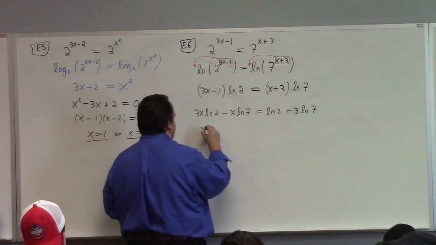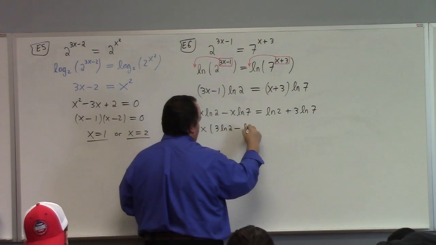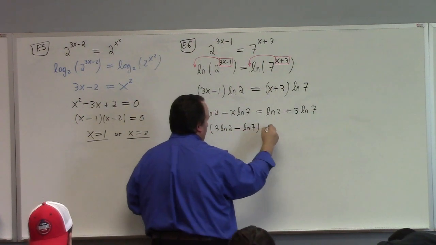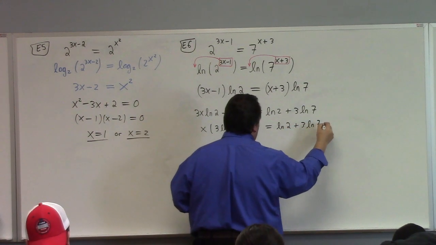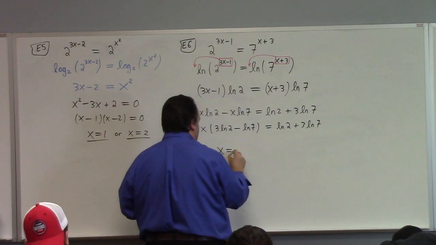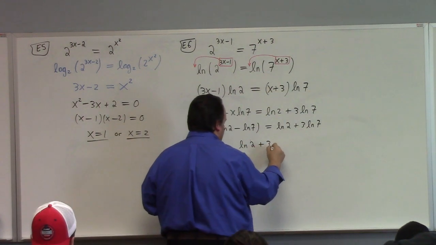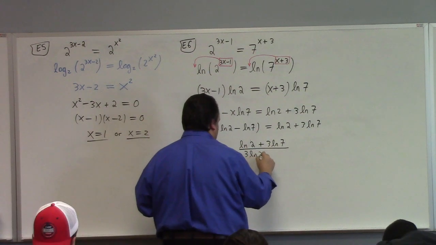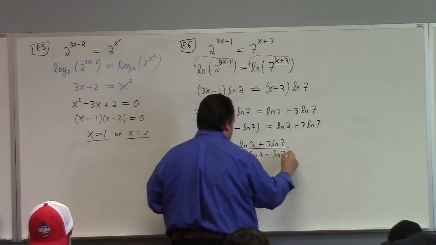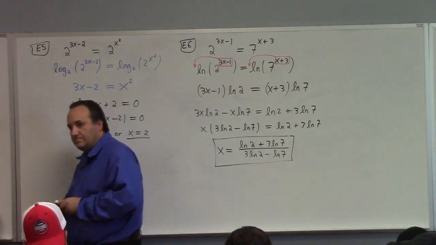So we've got x times 3 log 2 minus log 7 is equal to log 2 plus 3 log 7, which gives us x is equal to the log of 2 plus 3 times the log of 7 divided by 3 times the log of 2 minus the log of 7. And there you go. That's the solution.